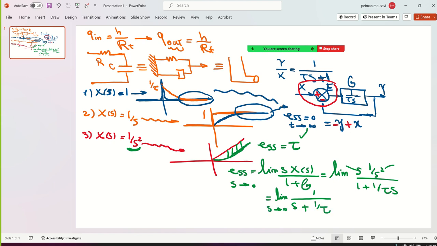When s goes to 0, this is tau. Here we go. You can even implement this for the impulse and step, and you get the ESS there. Please do it as homework for yourself at home.